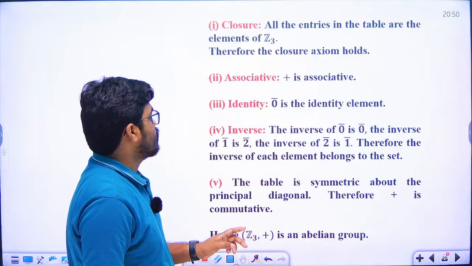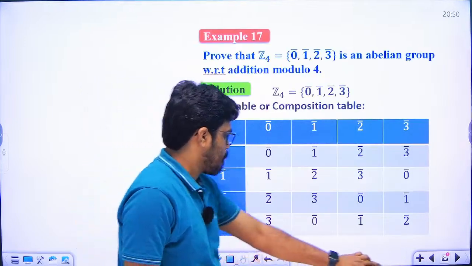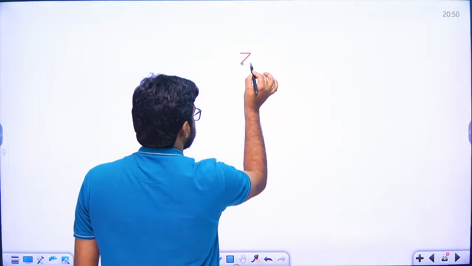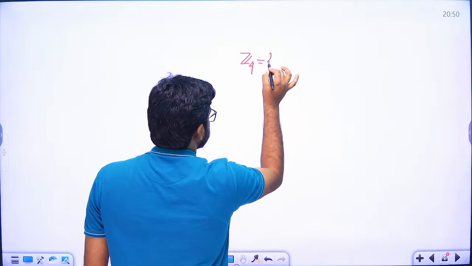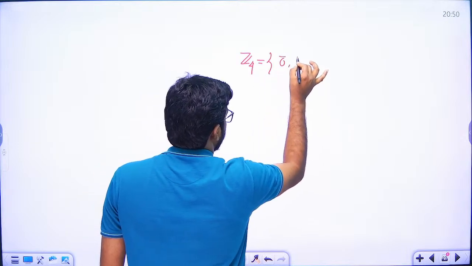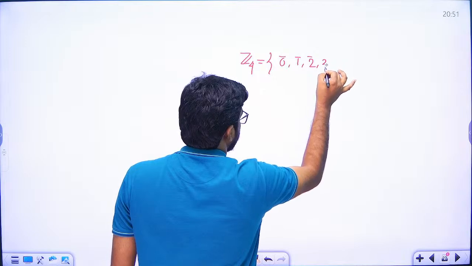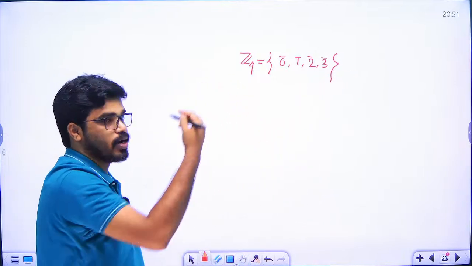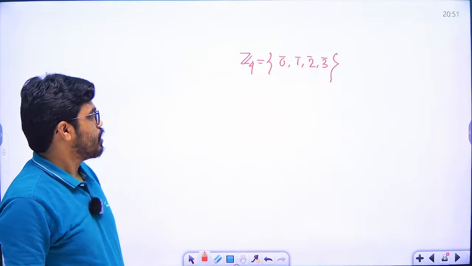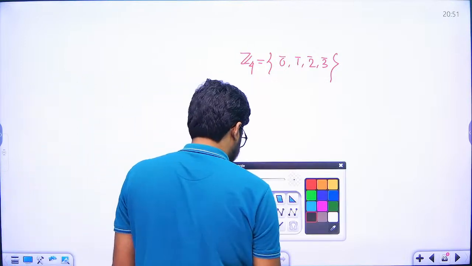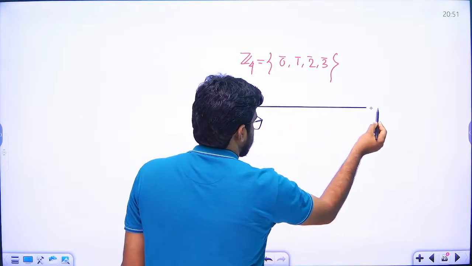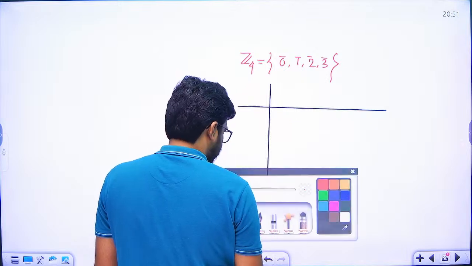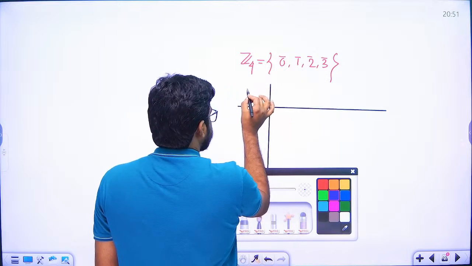Just see Z4. What are the elements of Z4? 0, 1, 2, 3. 0 bar, 1 bar, 2 bar, 3 bar. Right? So just construct the composition table, addition modulo 4.